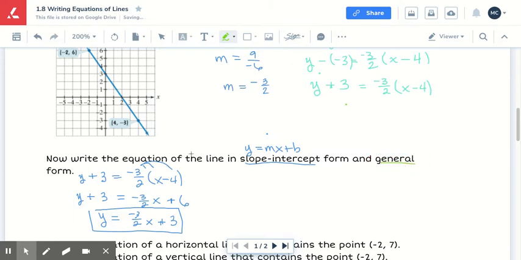Next up, I need to put this in general form. So this is the last one we wanted for this problem. So I'm going to write down what general form looks like. That's ax plus by plus c equals 0.